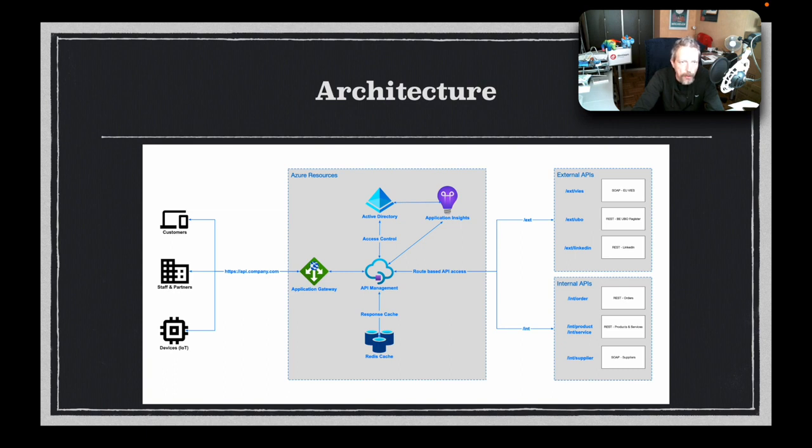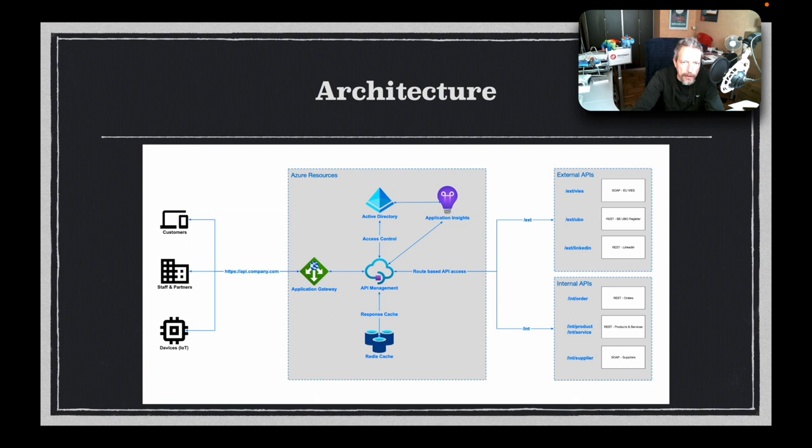They connect to your endpoint, and from there it will connect to the API Management Service. You can provide access control and permissions in Azure AD. You can have monitoring with Azure Insights, and you have a Redis cache for caching responses for many requested endpoints.